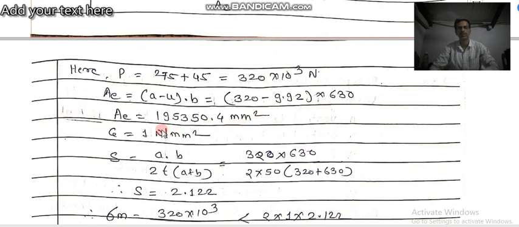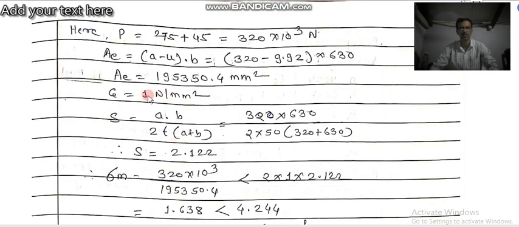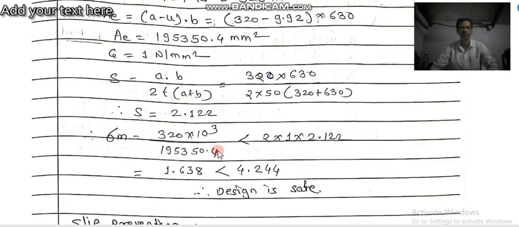So effective area is equal to 1953.50.4 mm square. G is 1 Newton per mm square. So you will get shape factor S by substituting all these values in this. You will get it as 2.122.